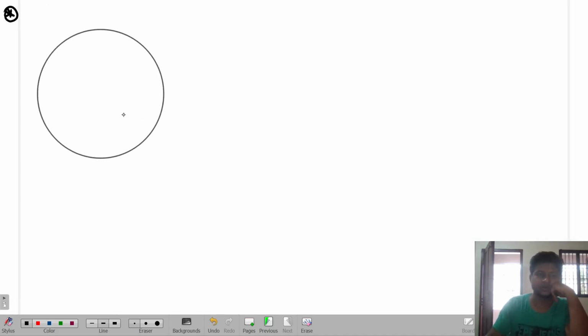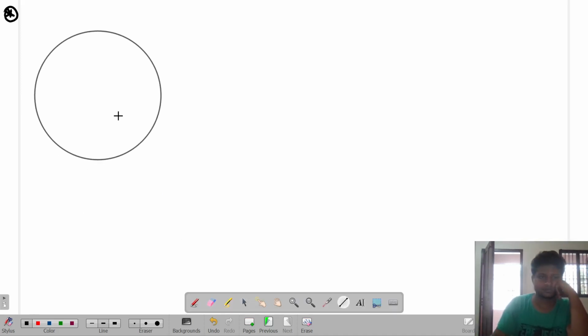A particle is traveling in a circular path. Initially, its speed is along this side, which is velocity V meter per second.